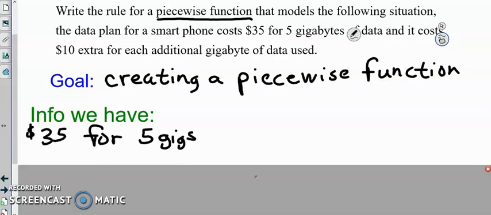It could be 5 gigs or less, but 5 gigs at least. Then our other one says that we pay $10 extra for each additional gig.